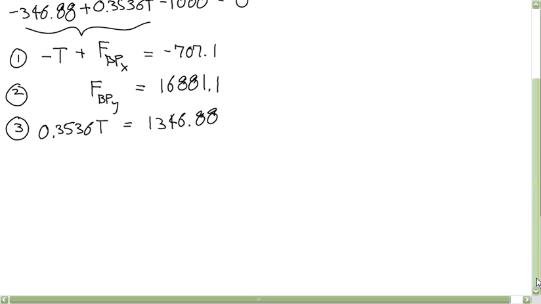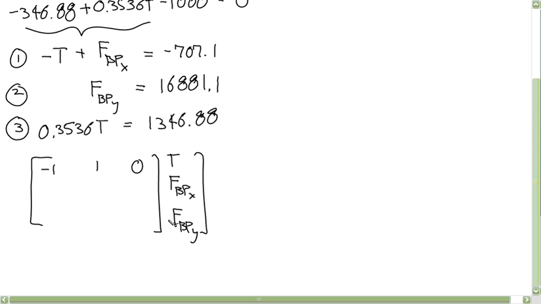So if you write that in matrix form, you get negative 1, 1, 0, and the order of the variables is T, F_BPx, F_BPy, is equal to negative 707.1.